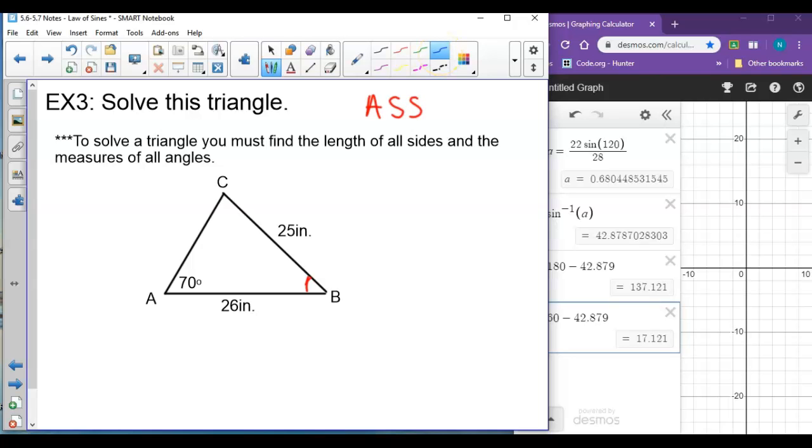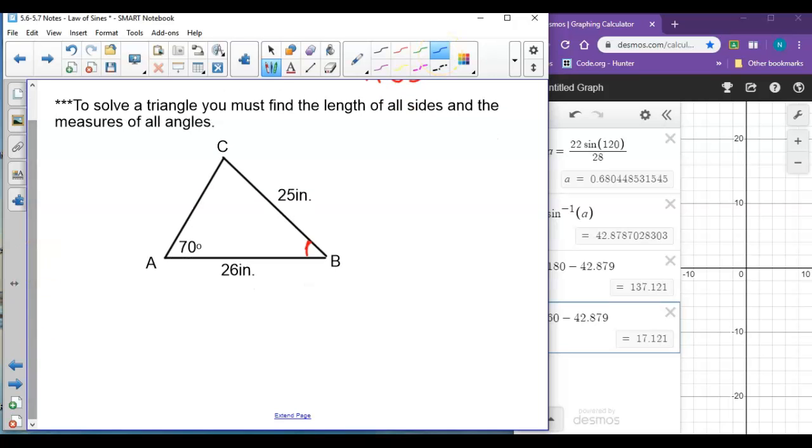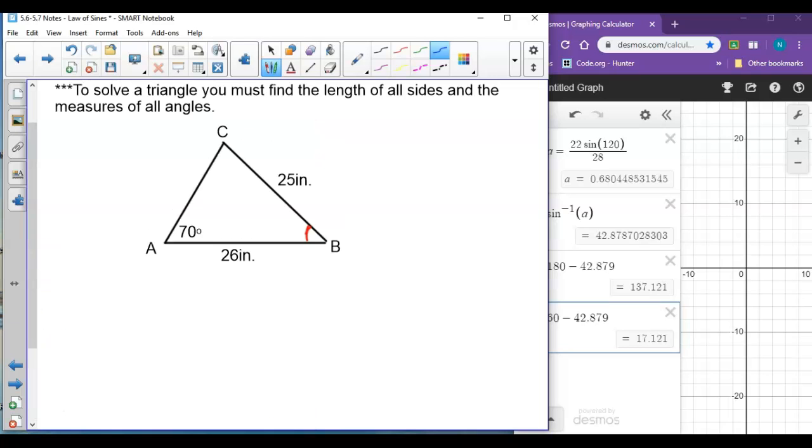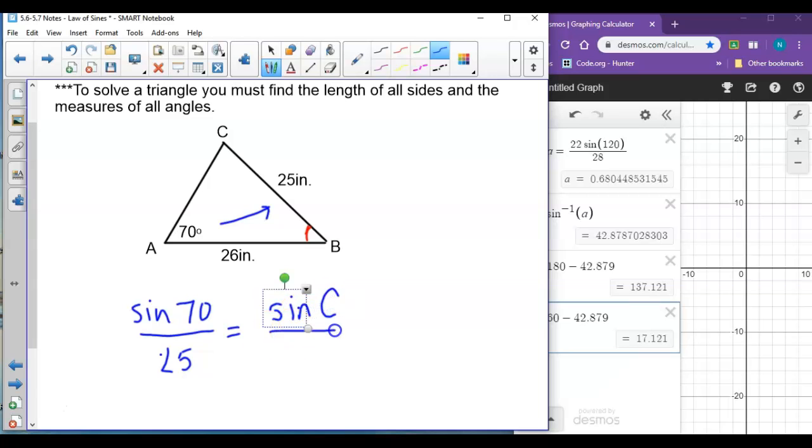But we just keep that in the back of our minds, because first we're just going to set it up like we've been doing the other problems. And so we would say sine of 70 over 25 equals, and then we've got to use side 26, so we're going to say sine of C over 26.